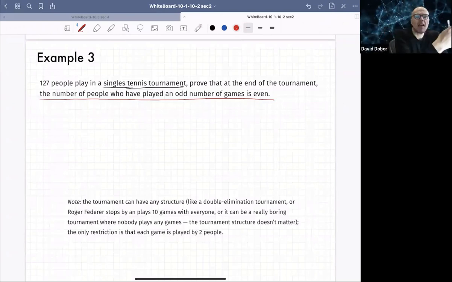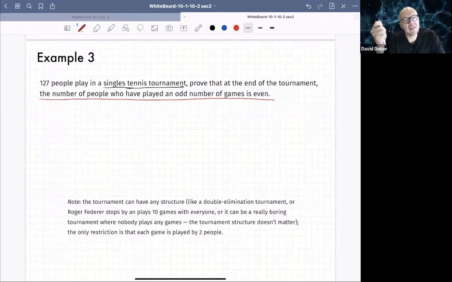And I suppose Alice played 5 games, Bob played 22 games, and Carol played 7 games. So Alice and Carol, who played 5 and 7 games, two of those people, each played an odd number of games, right? And what we're trying to prove here is that the number of people, like Alice and Carol, who played an odd number of games must always be even.